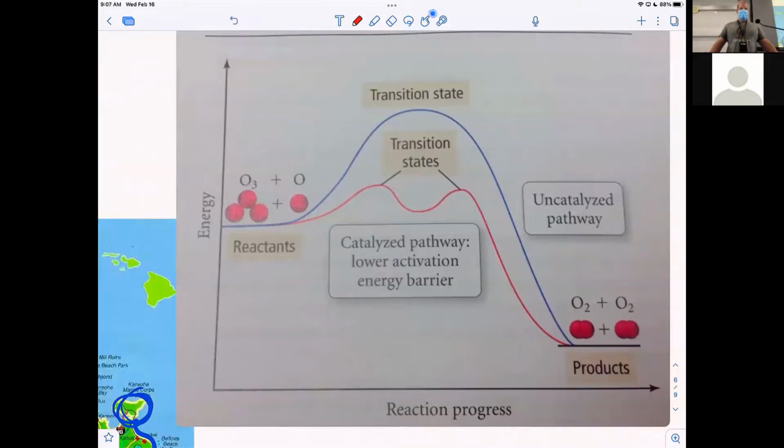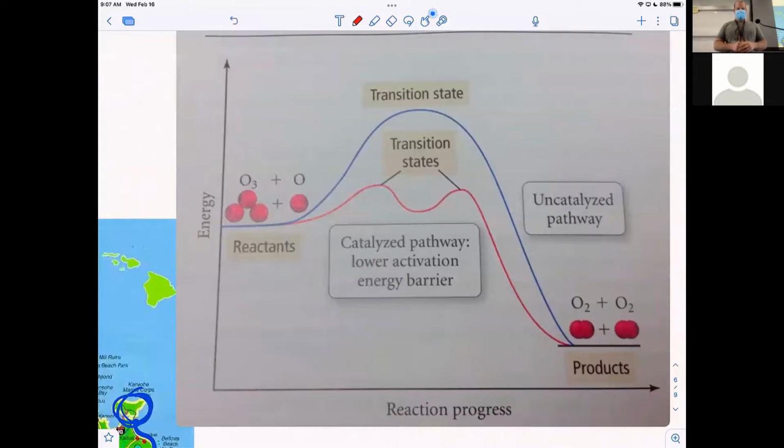Are you guys familiar with the layers of the earth? We're in the troposphere. So the surface of the earth, the troposphere, then there's the stratosphere, then above that is the mesosphere, then the thermosphere, then the exosphere, or outer space. The atmosphere is about 60 miles high, but it's not uniform across the earth.